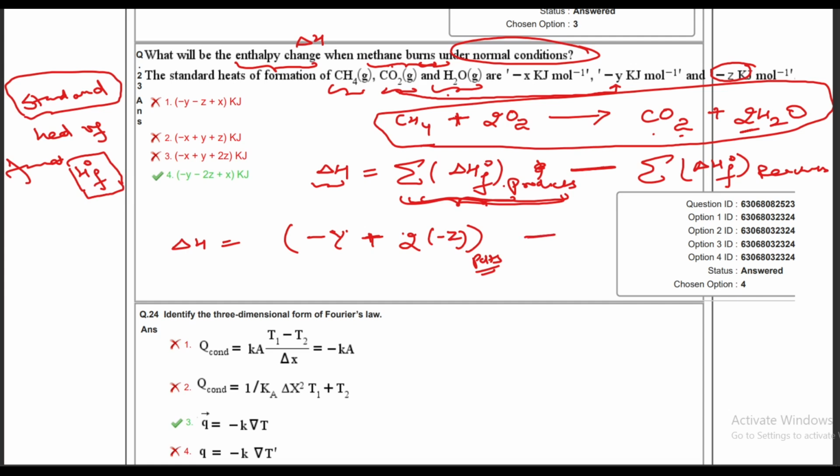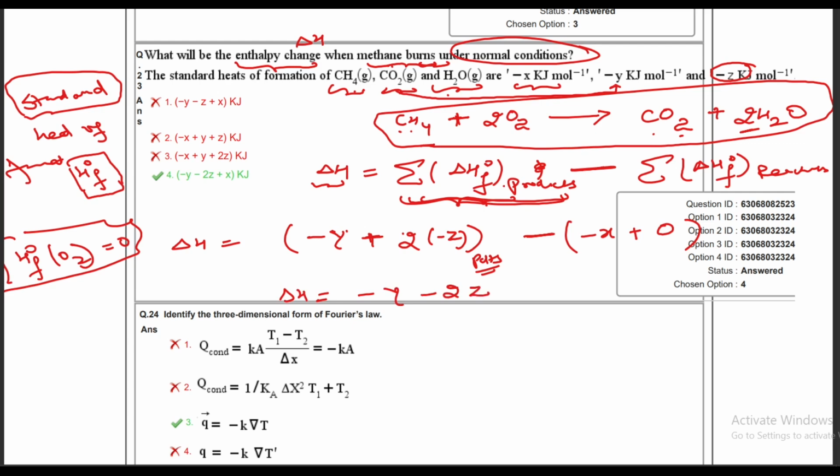Now for reactants, methane is one reactant, this is -X, and for oxygen it will be 0. So standard heat of formation for oxygen is 0 in the standard state. So now you can calculate it. This will be -Y -2Z minus minus plus X. So according to it, fourth option is correct answer. Clear?